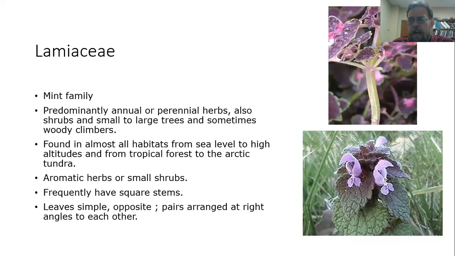An easy way to tell members of the mint family is that they have square stems. One really common one we have down here in the south is henbit, and you can see that very frequently in your yards, particularly during warm periods of time during the winter.